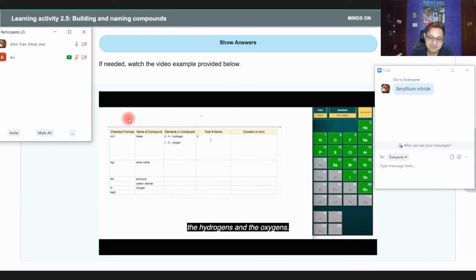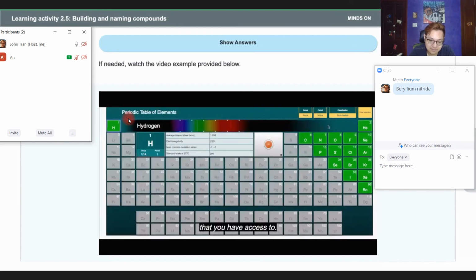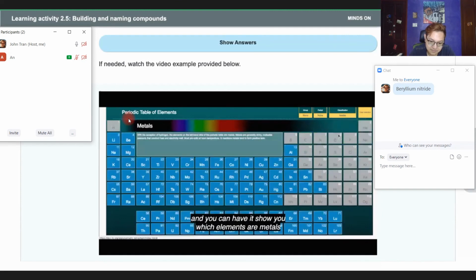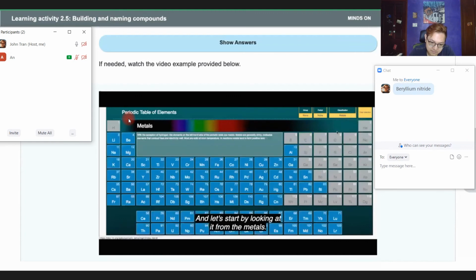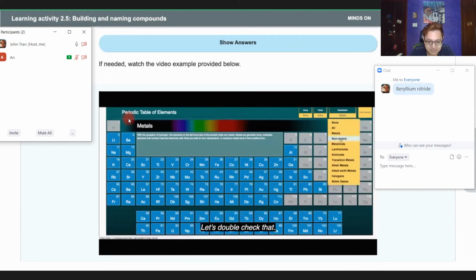Now we have to figure out whether this is a covalent or an ionic bond that forms between the hydrogens and the oxygens. For this, we're going to go to the periodic table of elements that you have access to. You can play with the classifications and have it show you which elements are metals and which elements are nonmetals. Let's start by looking at it from the metals. We're looking for H and O. Right now this is highlighting in blue all of the metals, and our hydrogen and our oxygen are both gray, so they are nonmetals. Let's double check that.